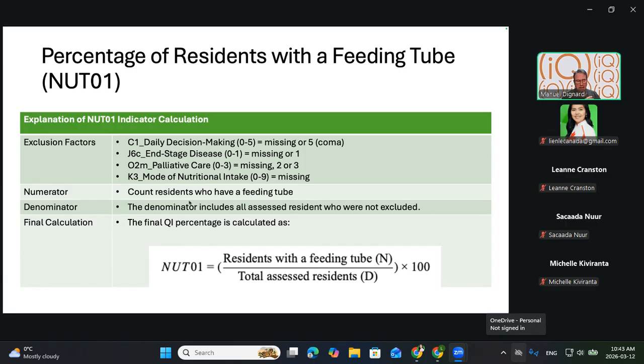And she was like, "How is that possible? I have one person with a feeding tube." Now, mind you, that was a very small home. So the fewer beds, the bigger the impact of one.